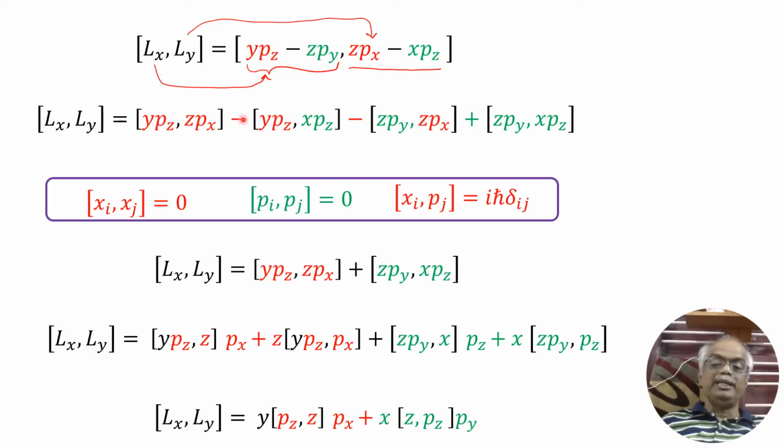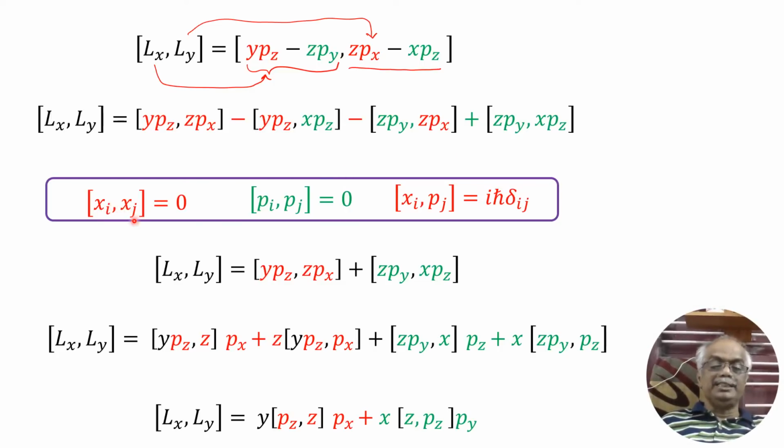I'm taking the minus outside of the commutator, as it is a multiplicative factor. Then minus zpy: I will take this term, taking the minus outside the commutator, with zpx. And zpy, the second term, with xpz. Minus of minus will become plus.